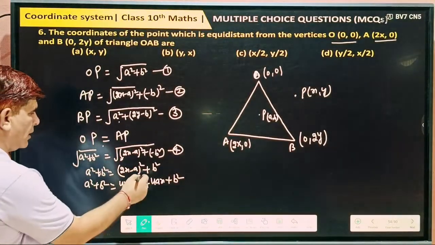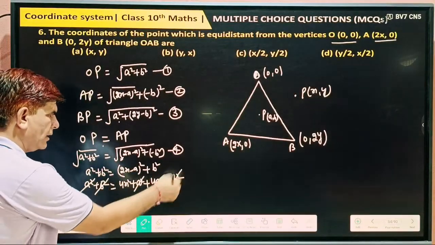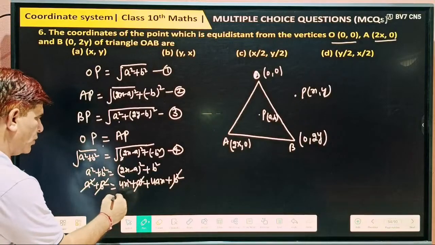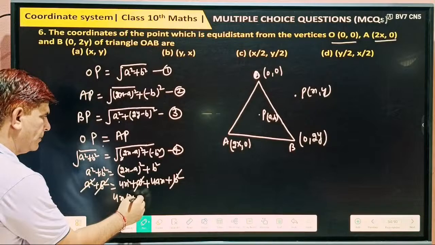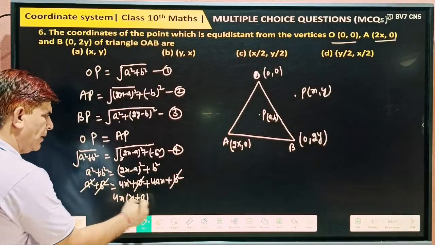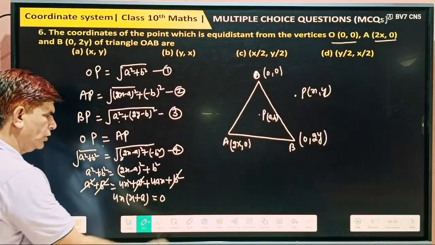So what's it become? This a square cancel this a square, b square cancel this b square. So 4x is common, x minus a is equal to 0.